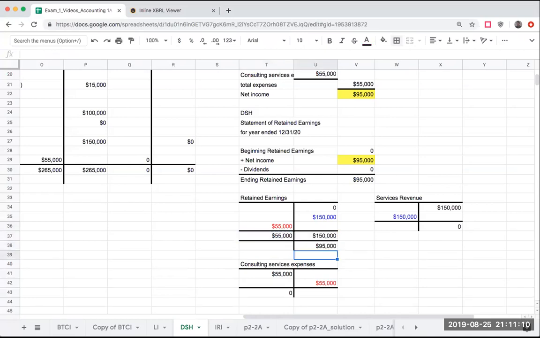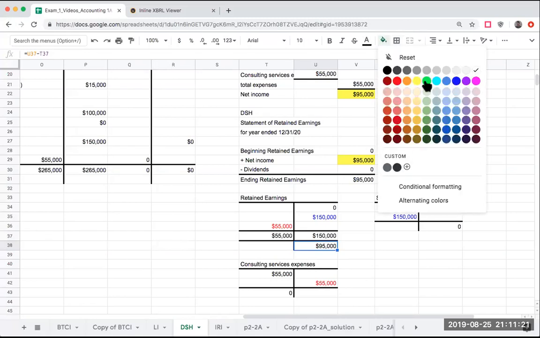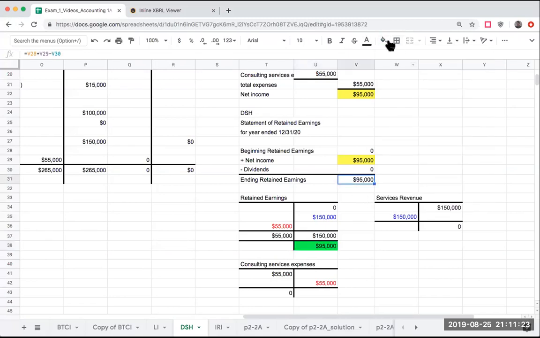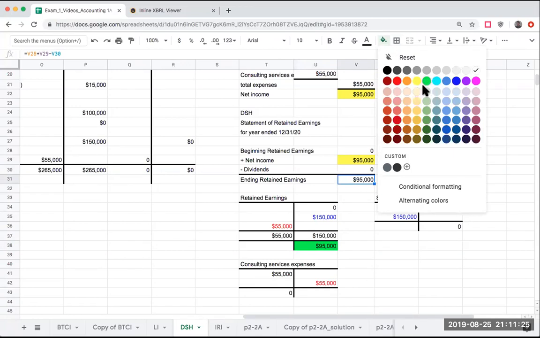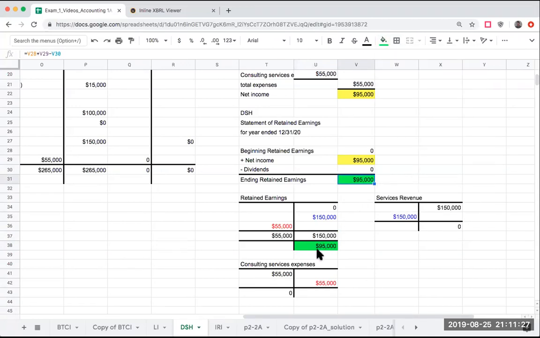So when I subtract 55,000 from 150,000, I end up with 95,000. Does that number look familiar? Yes, it has to equal the balance that we computed earlier for retained earnings. So this is how we check our work.